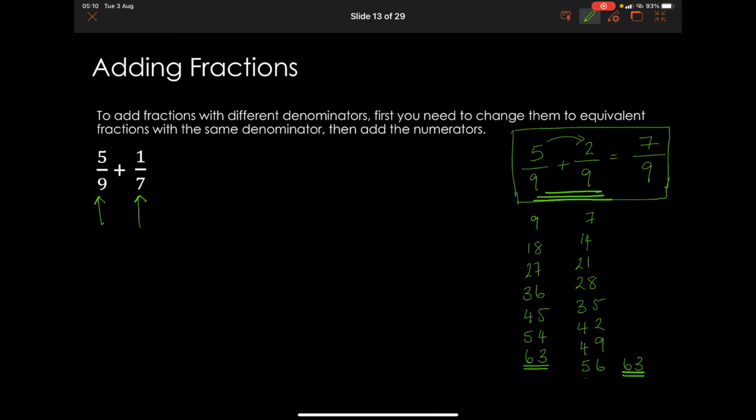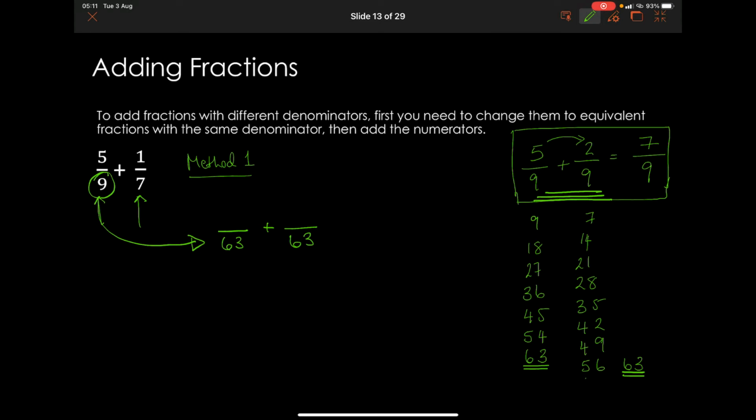So this is method 1, where I find the lowest common multiple. So 63 goes into both of those. I'm going to write my fractions out again, but this time I'm going to put 63 on the bottom. And I need to work out, what did I do to this 9 to get to this 63?